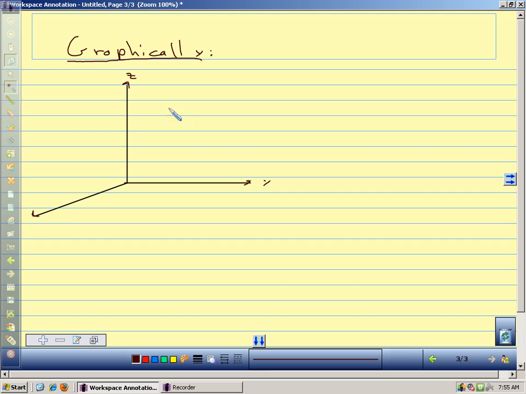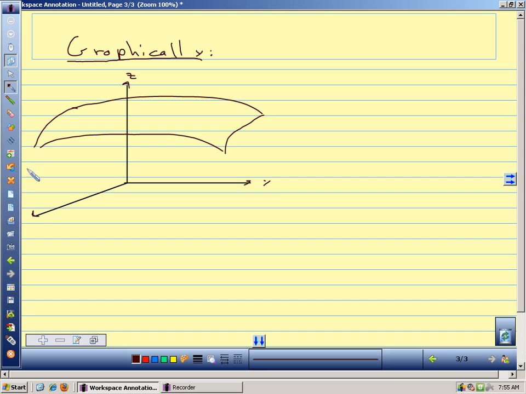And here's our surface, our some surface up here. And I'm going to draw a curve.